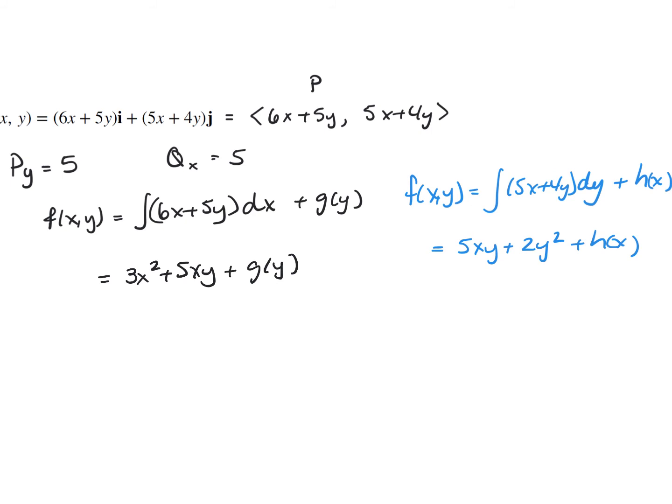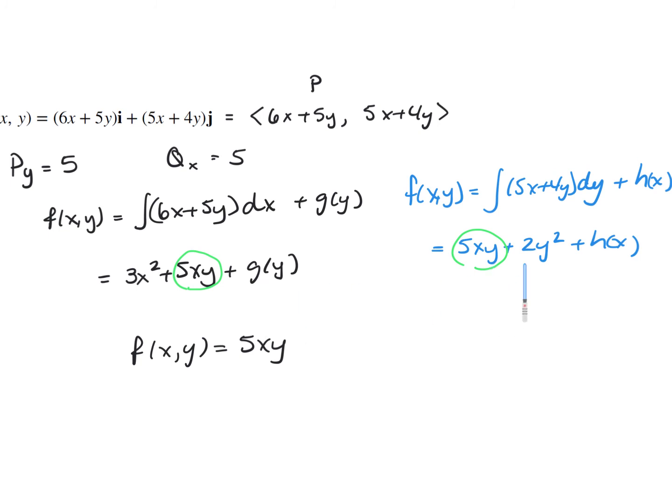Now this is the first time, by the way, that I haven't had them be the same. So if I take a look at this, the thing that matches is the 5xy. So we know that our function has to have 5xy. Now, if I were to take this function and take the derivative with respect to x, then the g of y would go to 0.